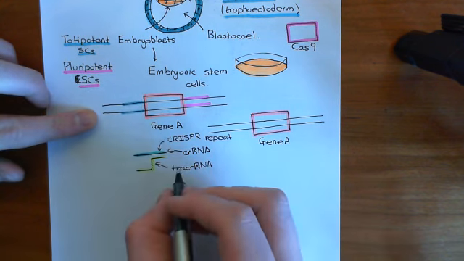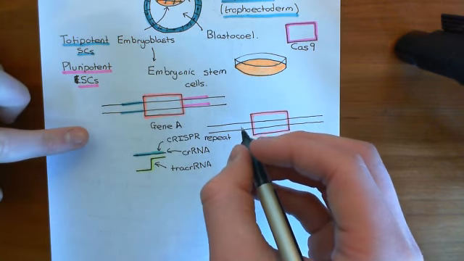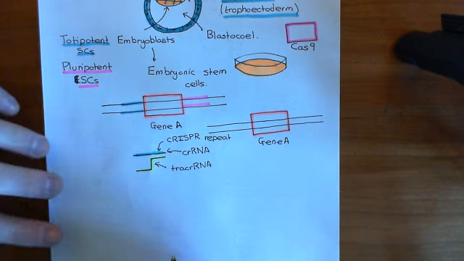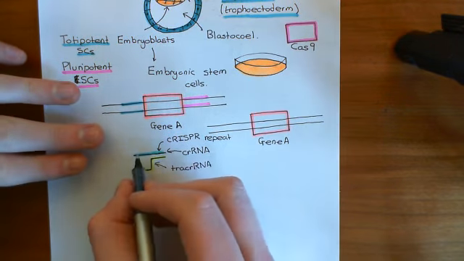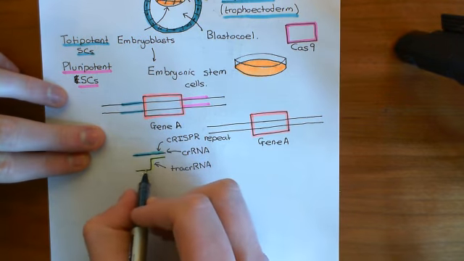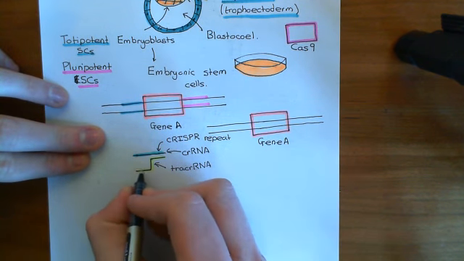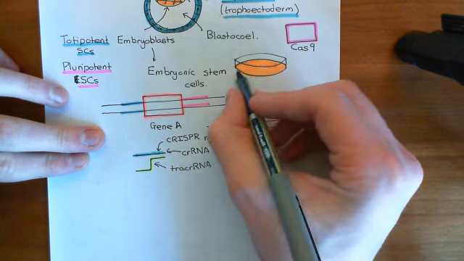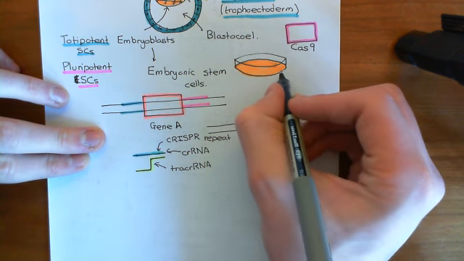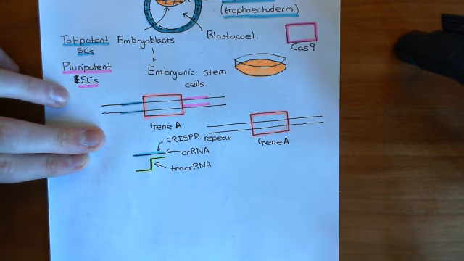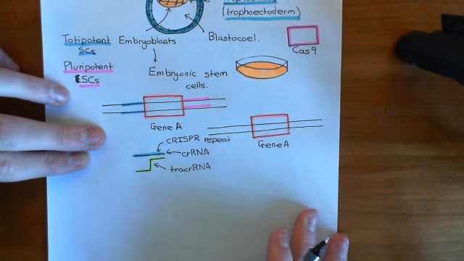Now if we expose our embryonic stem cells to this CRISPR RNA, then the CRISPR RNA will bind to transactivating CRISPR RNAs, and you'll also have transactivating CRISPR RNAs already expressed within the embryonic stem cells. So the Cas9 and the transactivating CRISPR RNA will already be there.